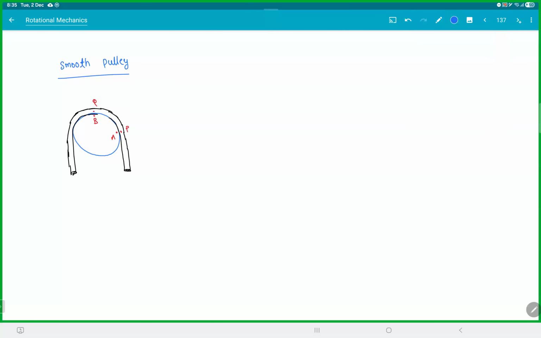What will happen when this is moving? In this case, the pulley does not rotate. When the rope is sliding, this is what you will see.